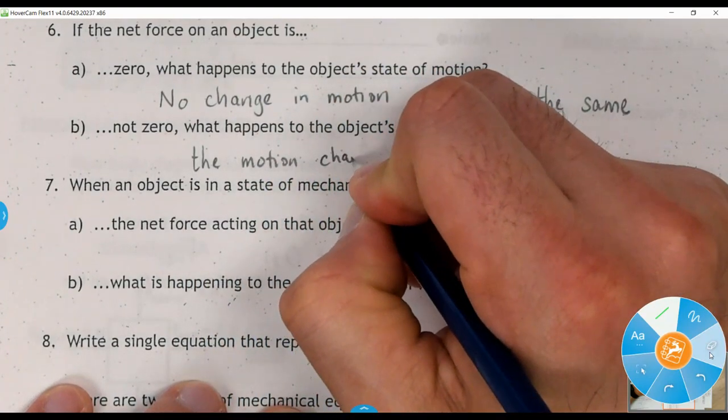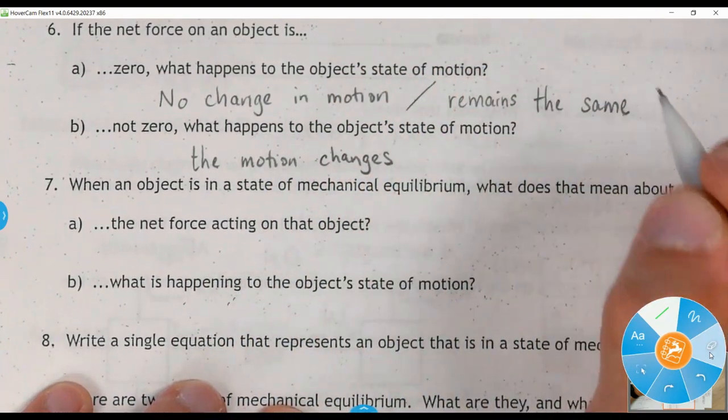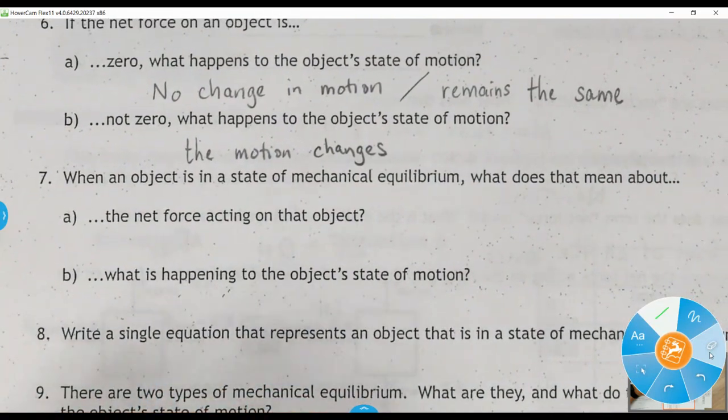The motion changes. And how does motion change, guys? We said if an object is going to accelerate, it can accelerate in 3 ways. What were those 3 ways? Think about it on a car. Gas to speed up, brake to slow down, and steering wheel to change direction.